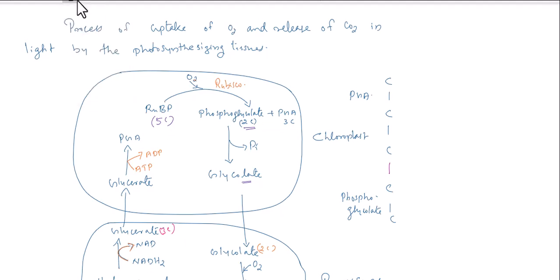After oxygenation, two compounds are produced: one 3 carbon compound and one 2 carbon compound. The 3 carbon compound is phosphoglyceric acid and the 2 carbon compound is phosphoglycolate.